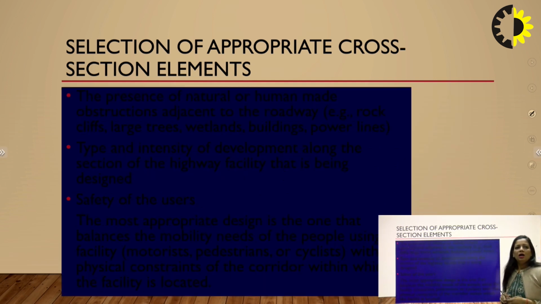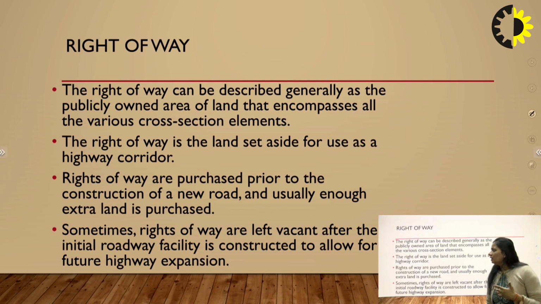Again, there are other factors like presence of natural or human-made obstructions adjacent to the roadway, the type and intensity of development along the section of highway facility being designed, and safety of users. These are various factors that must be taken into account while designing any kind of highway.